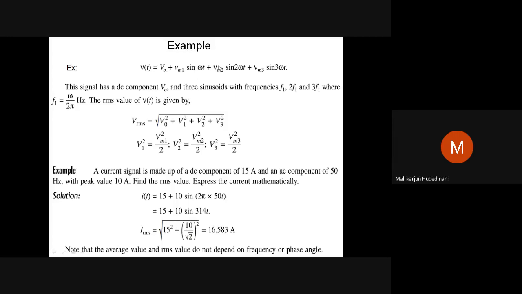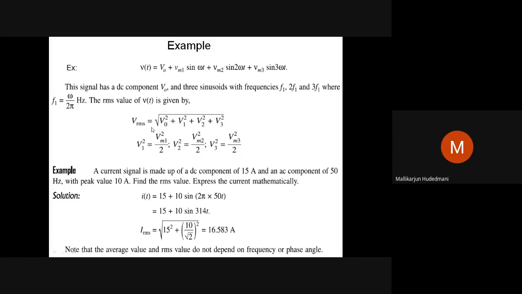This is DC plus alternating values as a common mix, whose RMS value is under a root of DC square plus peak square by 2, peak square by 2, peak square by 2 of all the alternating magnitudes of those waves. Therefore, frequency is not material here. Only the peak values are material for our RMS. Are you clear? This has been asked once.